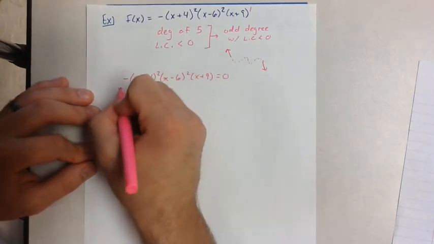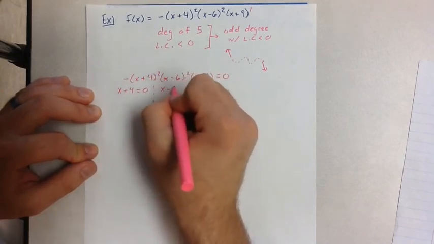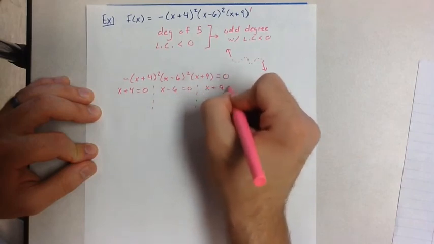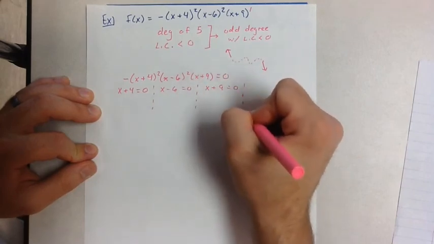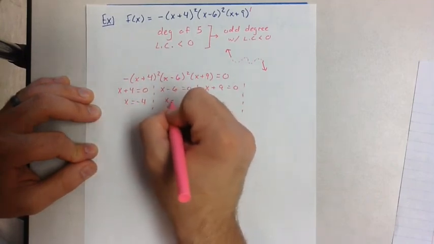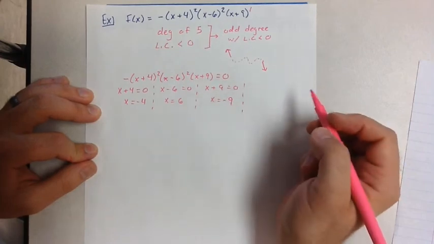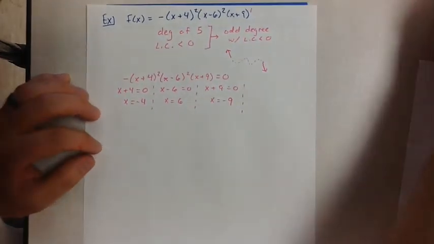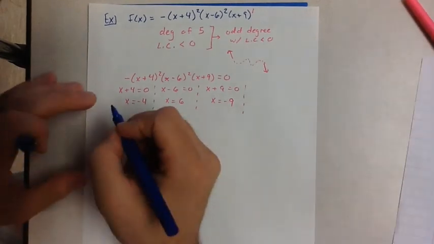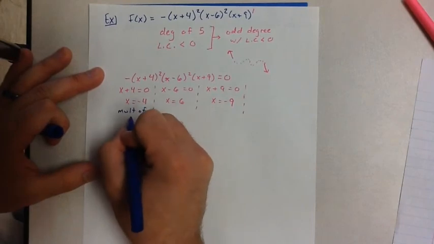So our zeros are going to be x plus 4 equals 0, x minus 6 equals 0, x plus 9 equals 0, which quickly says our zeros are negative 4, positive 6, and negative 9. Looking at the exponents of each factor, we have a multiplicity of 2.